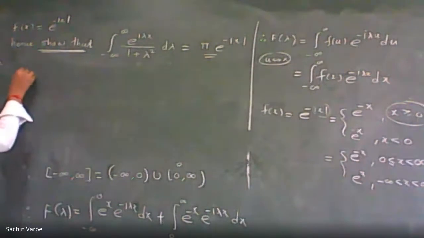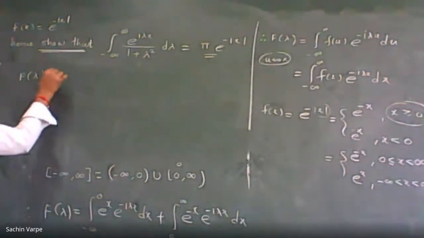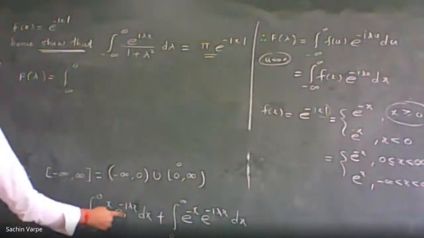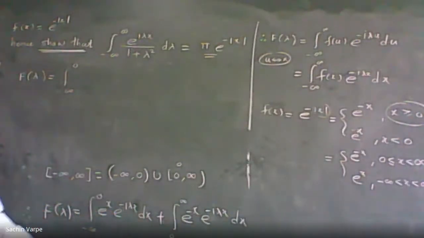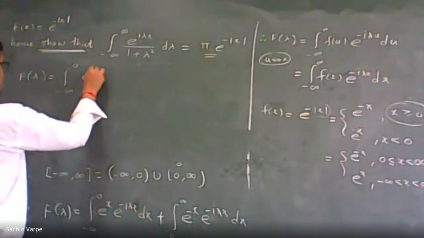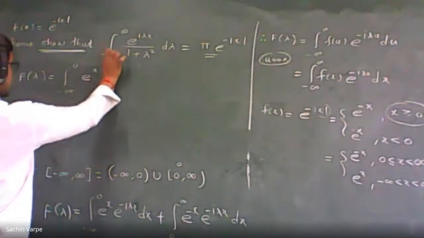What will be f of lambda? F of lambda is equal to the integral from minus infinity to 0. I can merge the exponents. E to the power x minus i lambda x.